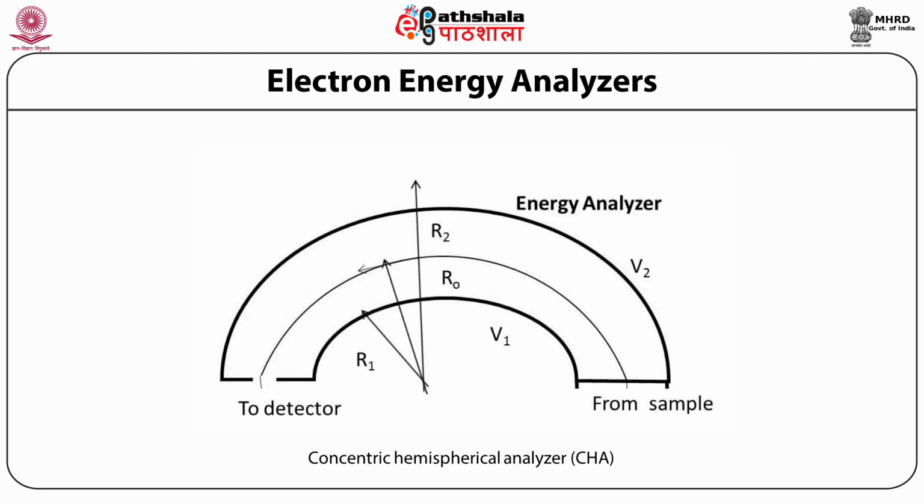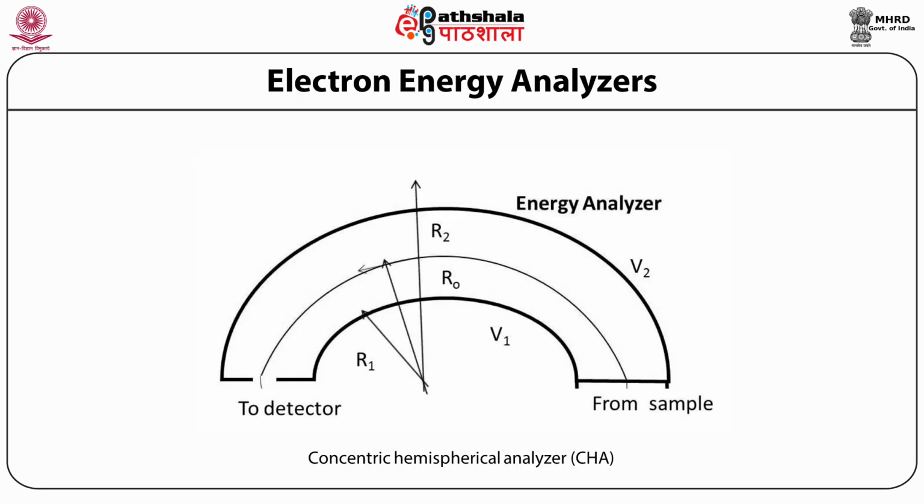The analyzer is composed of two concentric hemispheres with radii R1 and R2, and its working principle can be understood from the figure. Negative potentials V1 and V2 are applied to the inner and outer hemispheres respectively. The applied potential generates a median equipotential surface with radius of R0. The potential along the median surface, V0, is called the pass energy of the CHA.